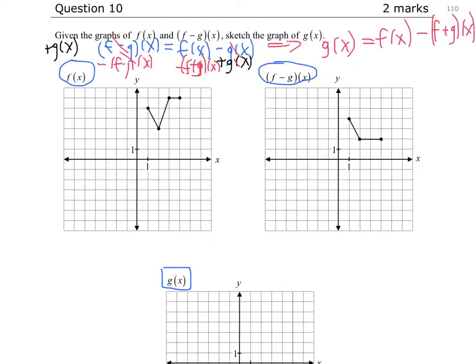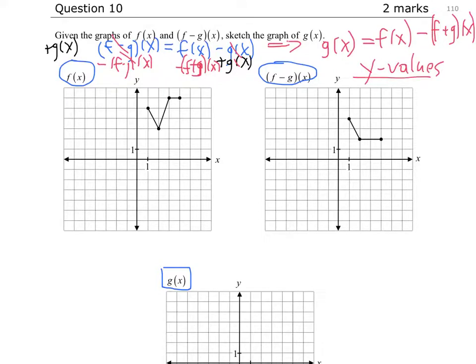So when I do a table, I want to make sure I have all that information contained in the table. So I know I need to go f of x minus f plus g of x to get my value for g of x. And whenever we're doing these type of questions, we're always thinking y values.